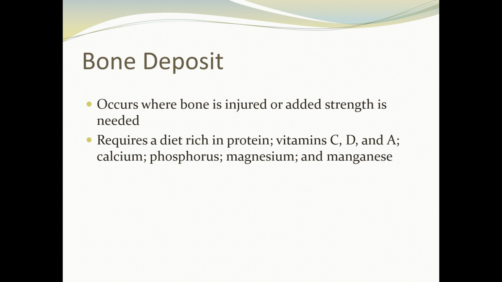Bone deposit occurs where bone is injured or added strength is needed. And this requires a diet rich in protein, vitamin C, D, and A, calcium, phosphorus, magnesium, and manganese.